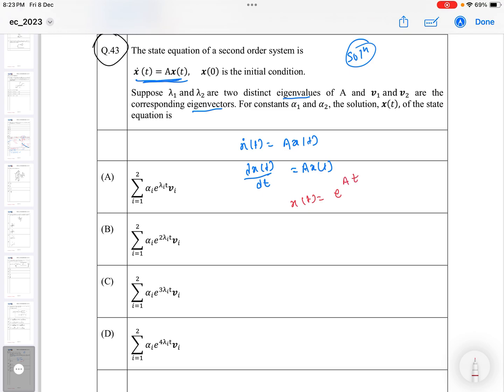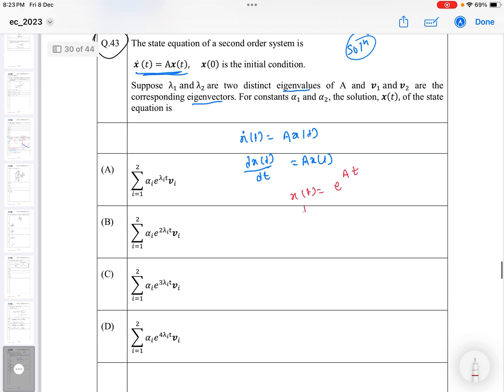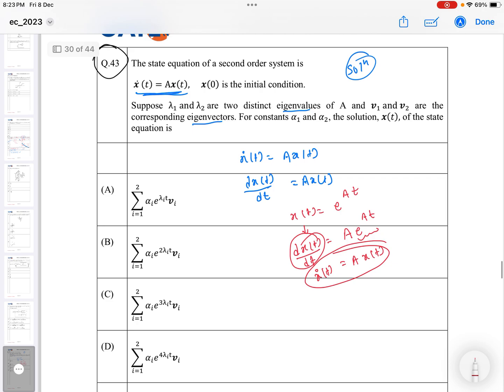This is what we can write, right? Because if you take the derivative of this, it will be A e to the power A t, and this is nothing but again x(t), so A x(t). And this is nothing but we can write as x dot t, right?